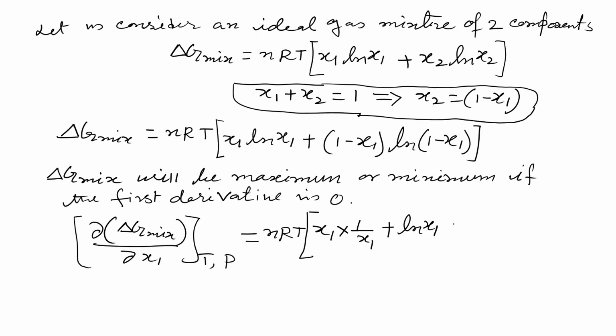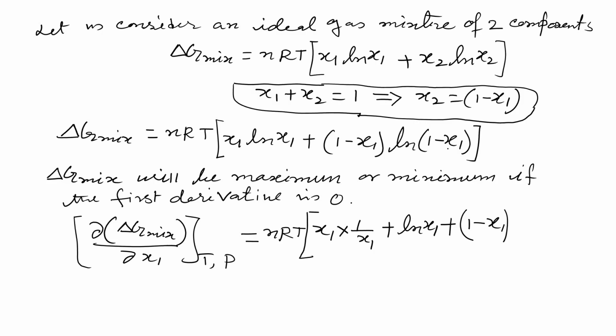Right? Once again, plus first function is 1 minus x1. Okay. Then differentiation of the second. Differentiation of the second means 1 minus x1 is there, no? So first we have to take the differentiation of this one.